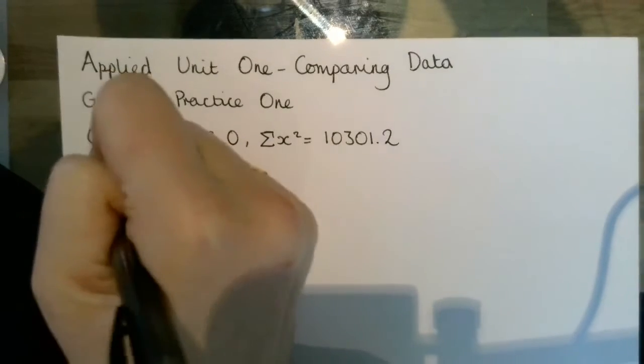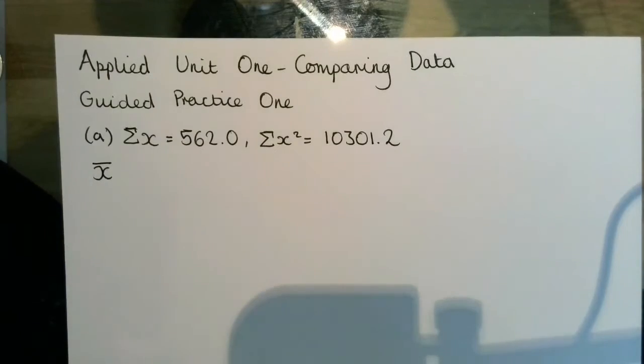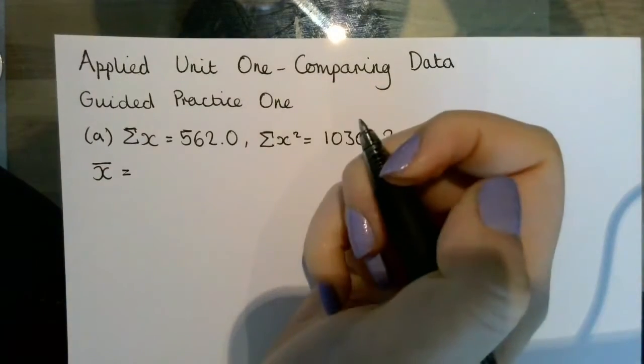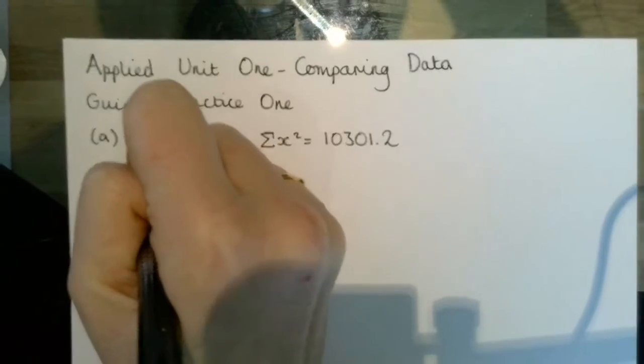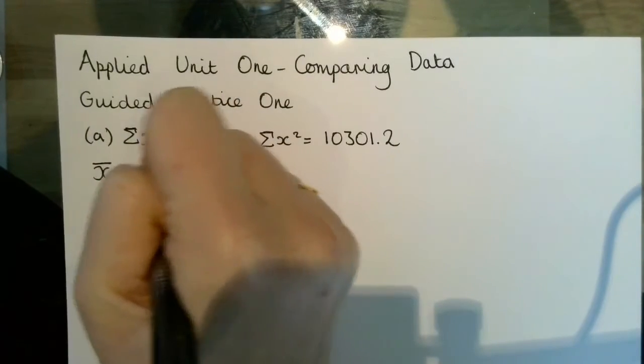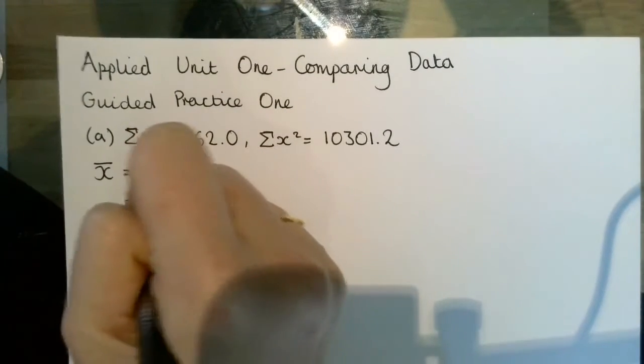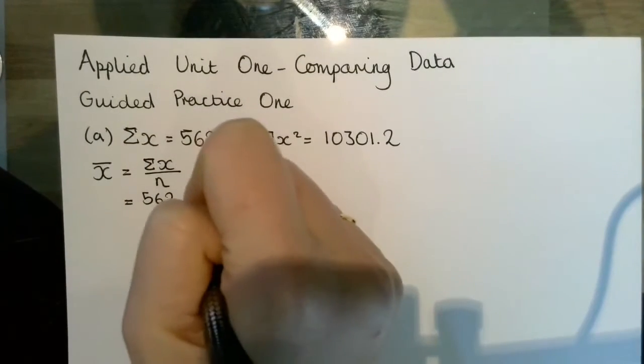So we're going to use our measures of central tendency formula. So we know that the mean is equal to the sum of x over n. So we know that the sum of x is 562.0.